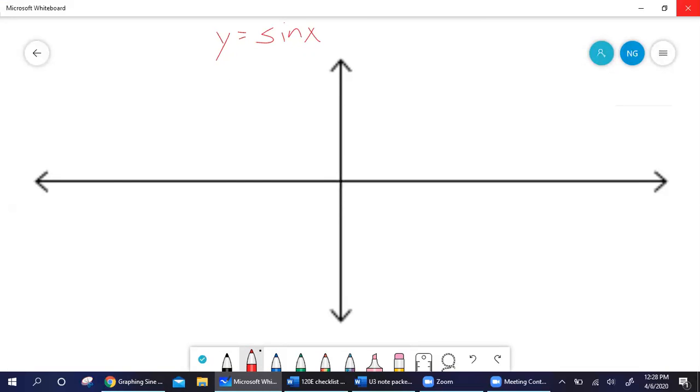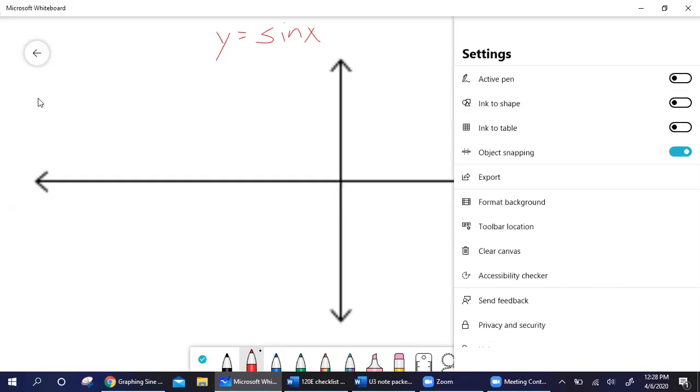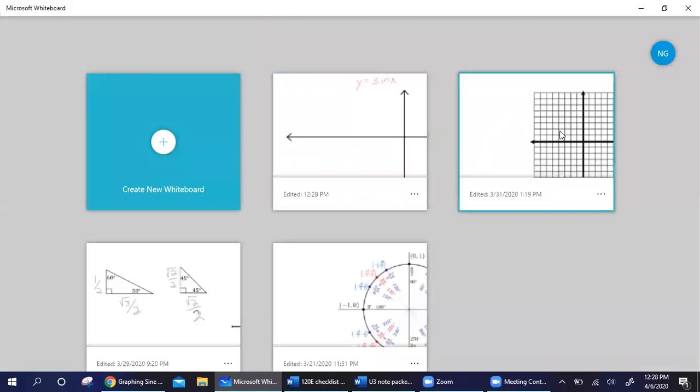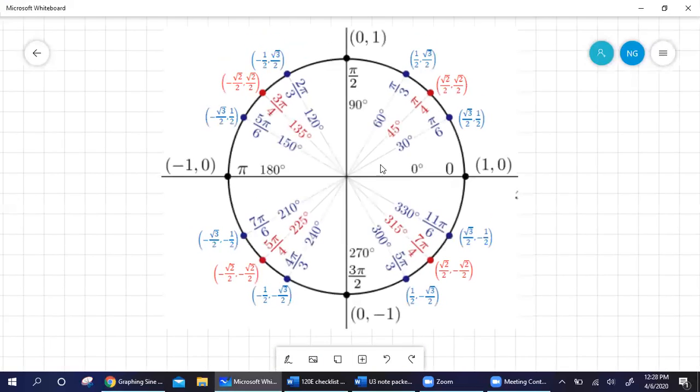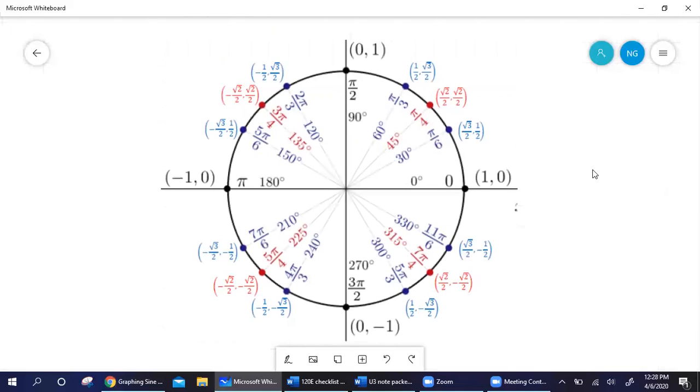So let me bring up our unit circle. In particular, right now, let's just focus on the sine, which would be the y coordinates. So when the angle is 0, the sine is also 0.